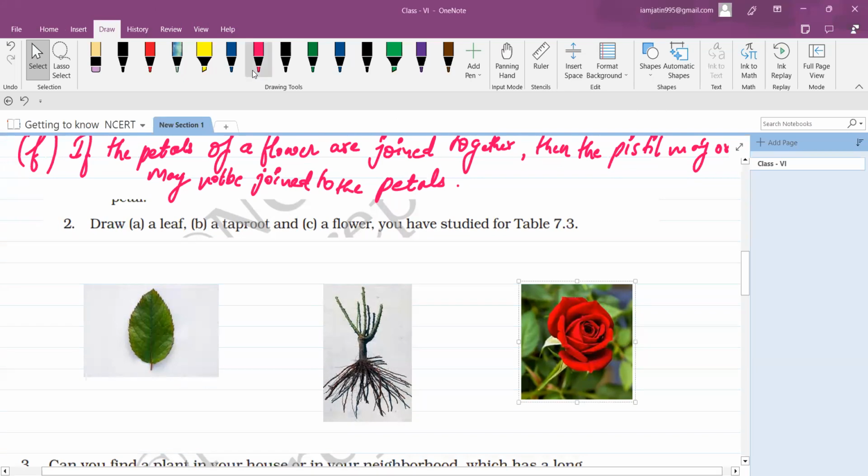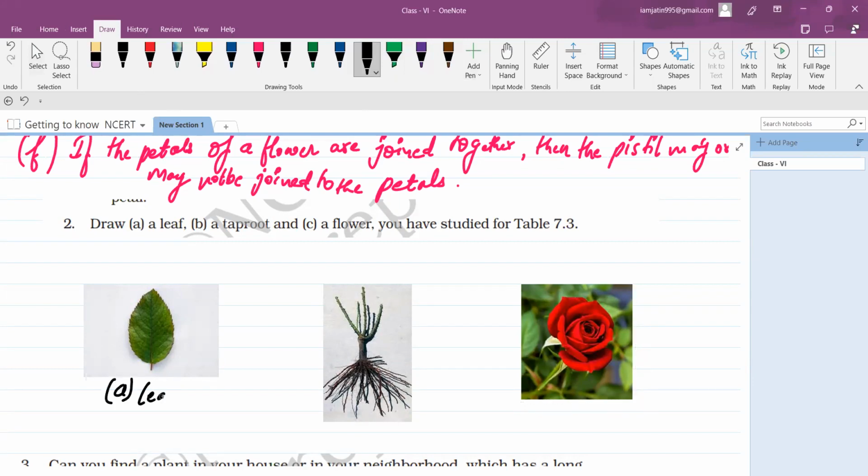This is the leaf of a rose plant. The rose plant has a taproot. So this is the B part, the taproot, and this is the C part, the rose flower.